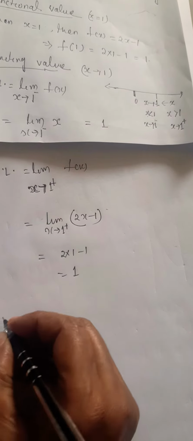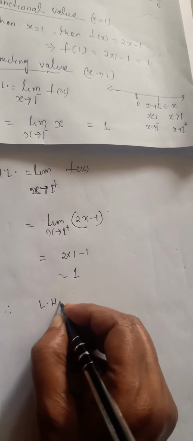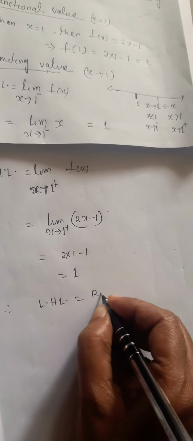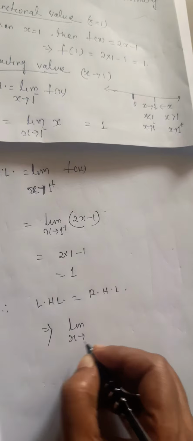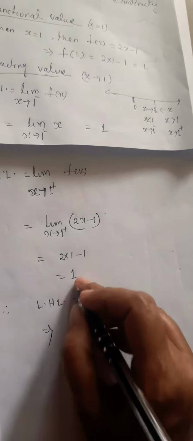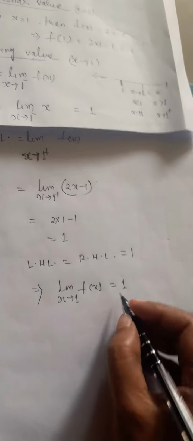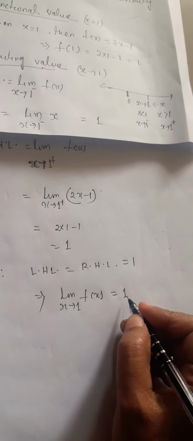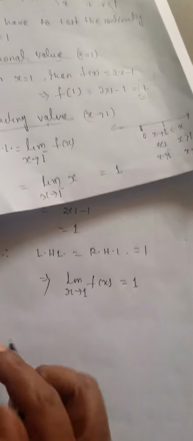So here you have got LHL is equal to RHL. That means limit x tends to 1 f(x) exists and is equal to 1. Here we have found that the limiting value is 1 and also our functional value is 1. That means our function is continuous at x is equal to 1.